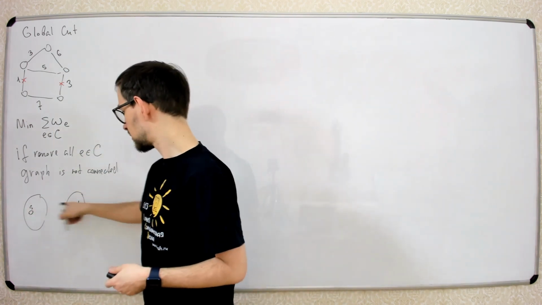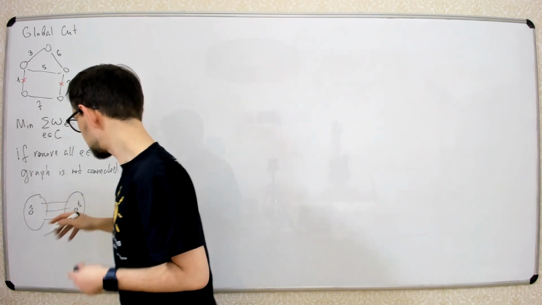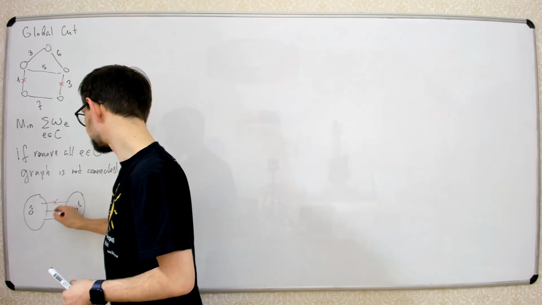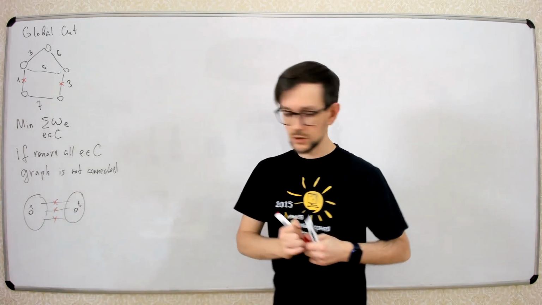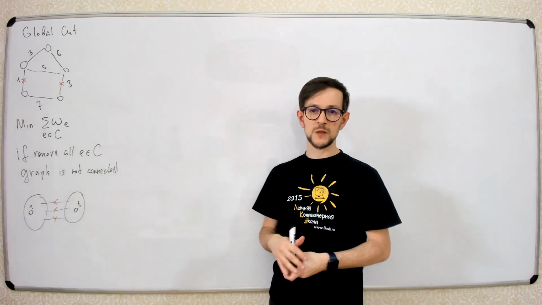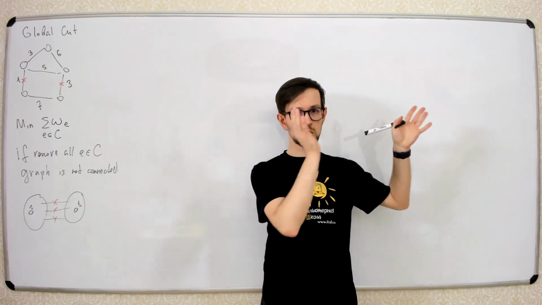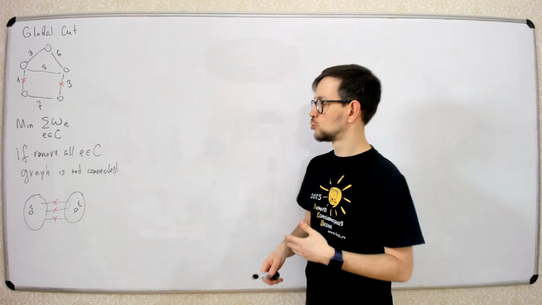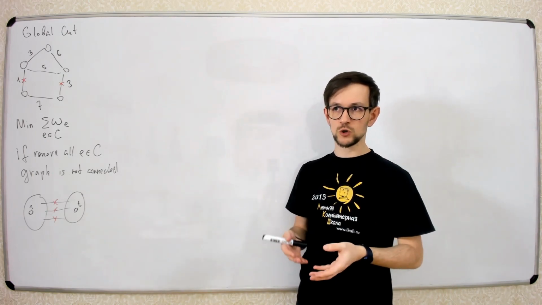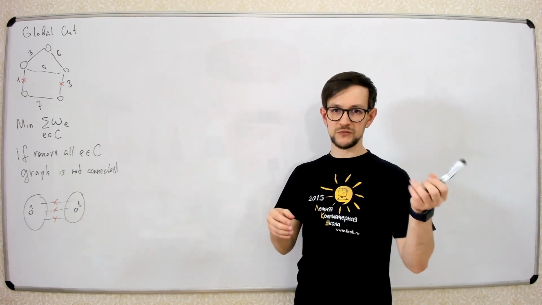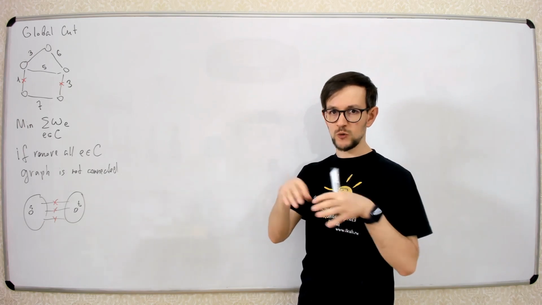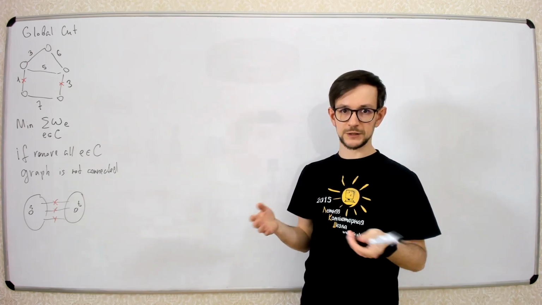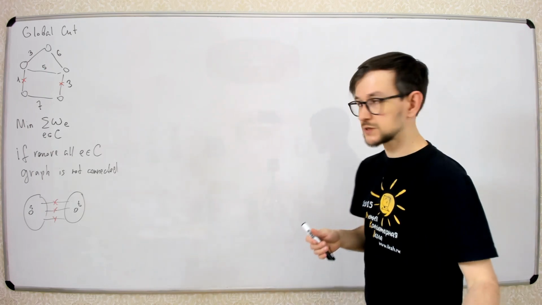So you need to remove all edges in this area, right? So that's the minimal cut problem we discussed in the lectures when we talked about maximal flows. And now we just want to break the connectivity of the graph. So we don't have any specific nodes S and T. We just want to remove some set of edges so the graph will be not connected. So that's the difference.